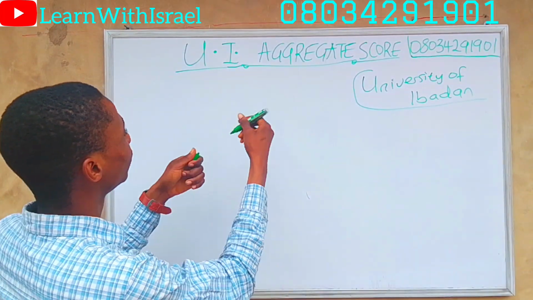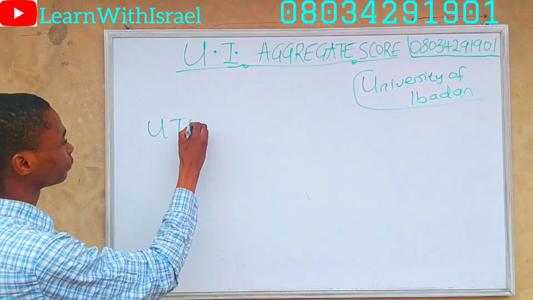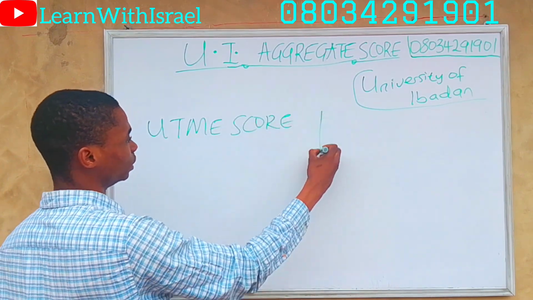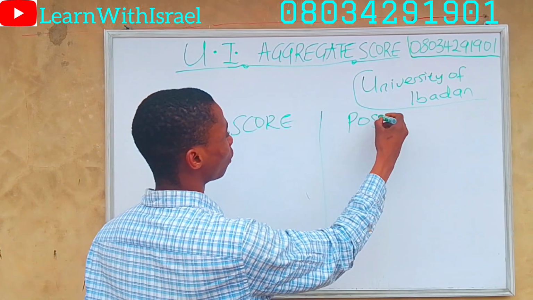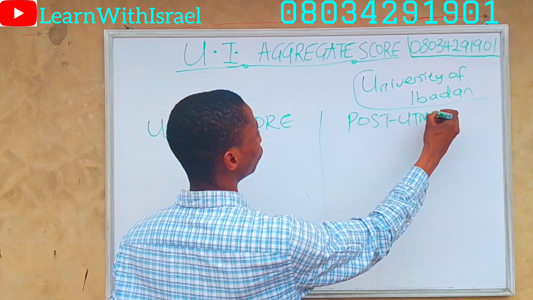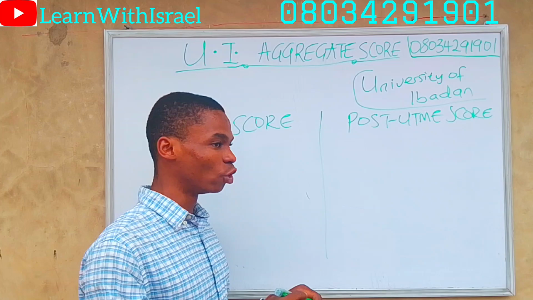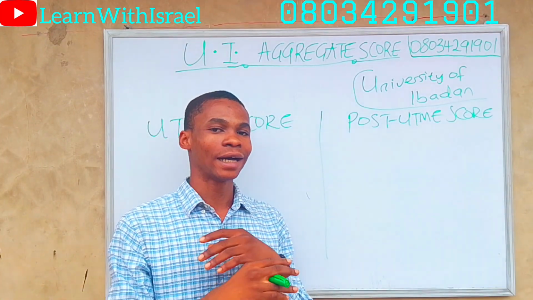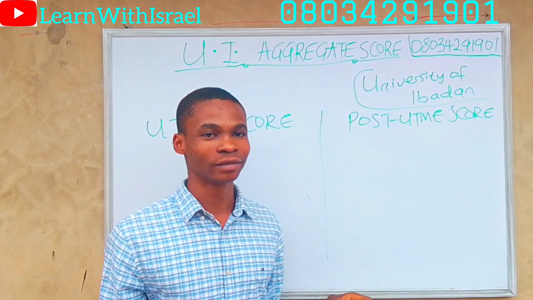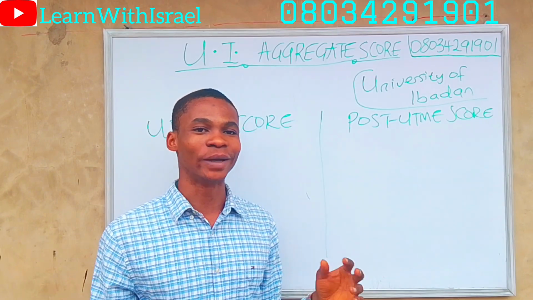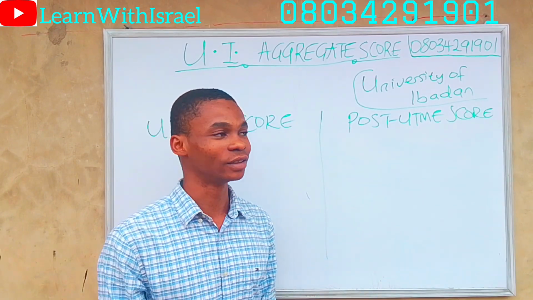So we only need UTME score and Post UTME score to calculate your aggregate score for UI. If you have below 200, don't bother applying there. That university is a very competitive university.